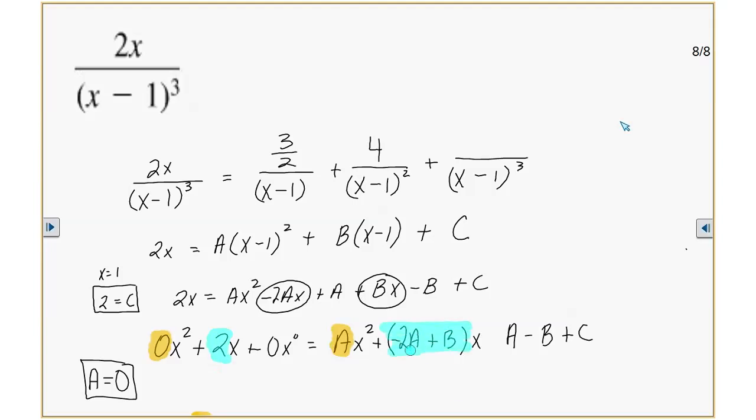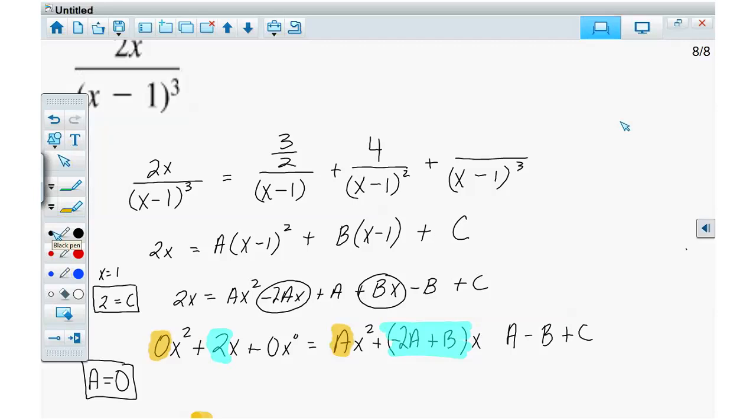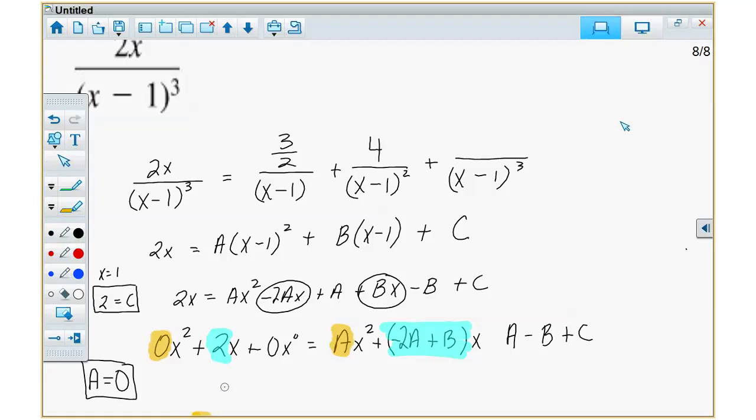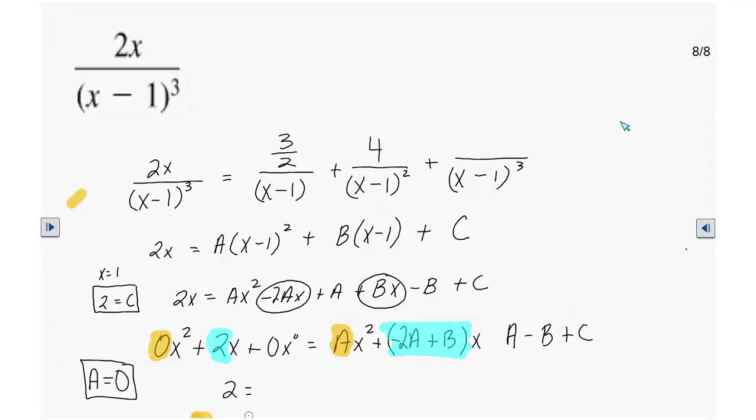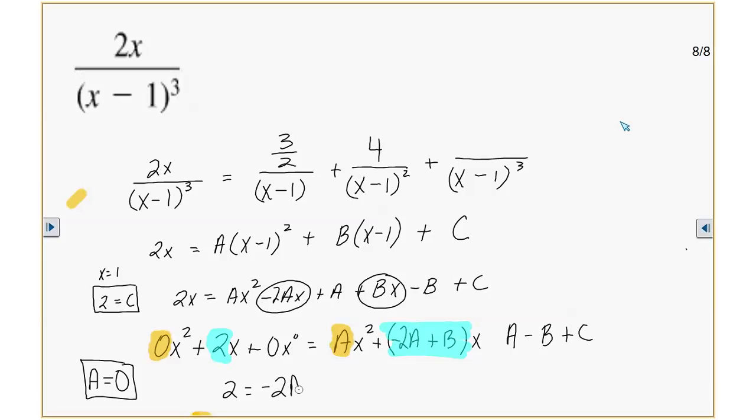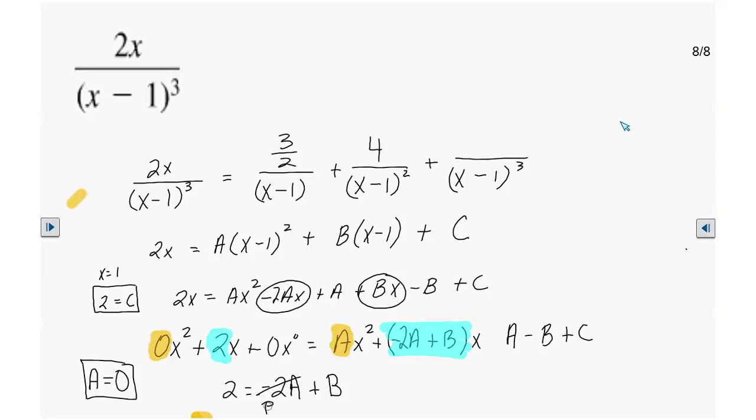And 2 is equal to that. So we'll go down here and say positive 2 is equal to negative 2a plus b. Now A is equal to what? So you're going to take that out. So B is equal to 2.